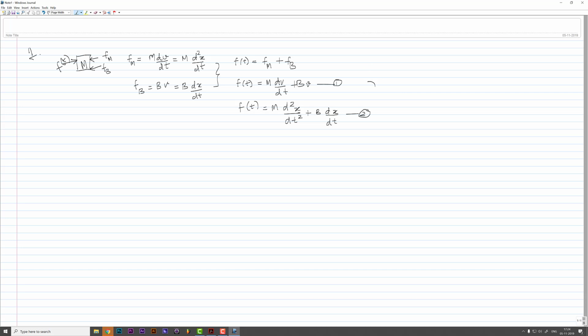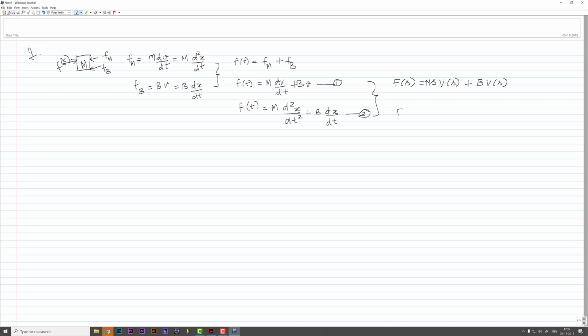So I can transform this to the Laplace domain. The first equation gives me f of s is equal to m s v of s, sorry, there is one m missing here, plus b v of s.